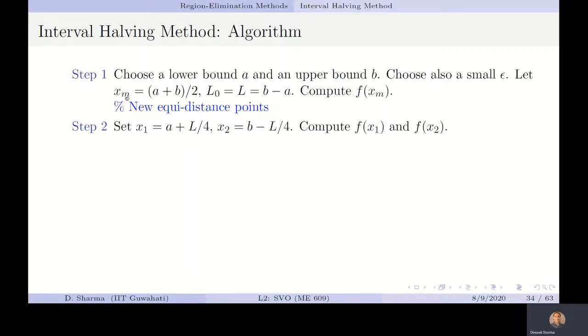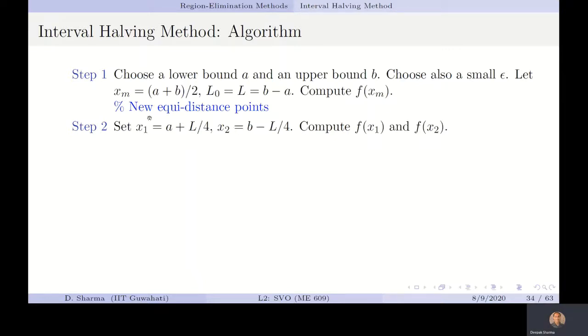Then we find xm, the middle point, so (a plus b) divided by 2 is the middle point. And we assign L0, which is L, the difference b minus a. Then at the middle point, we compute the objective function value.